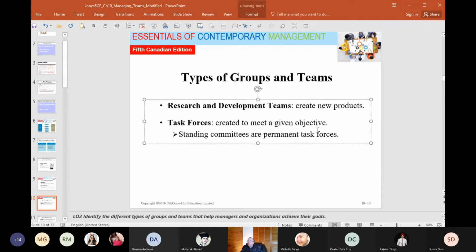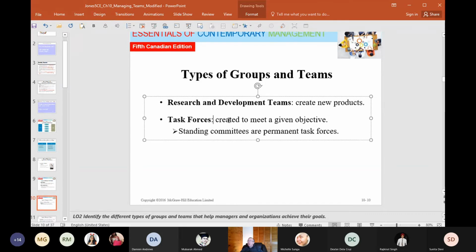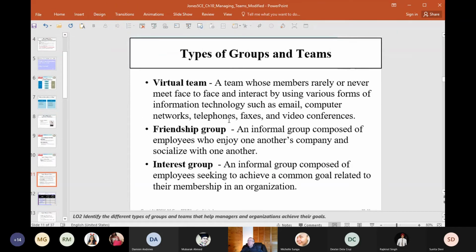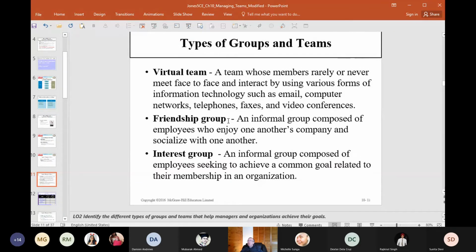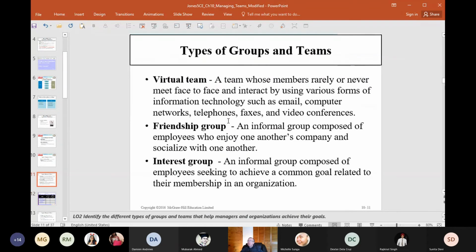Task forces are specific because they are sometimes only temporary, and sometimes they are permanent, but they have a very specific goal, right? So we can also think about virtual teams, friendship groups, interest groups, all different groups and teams.